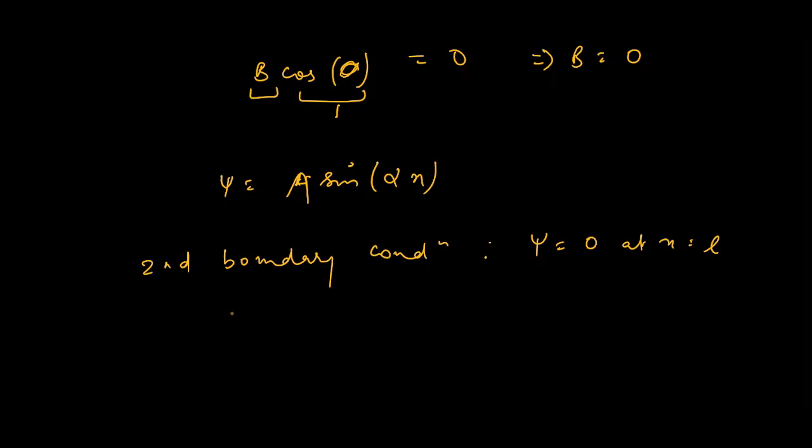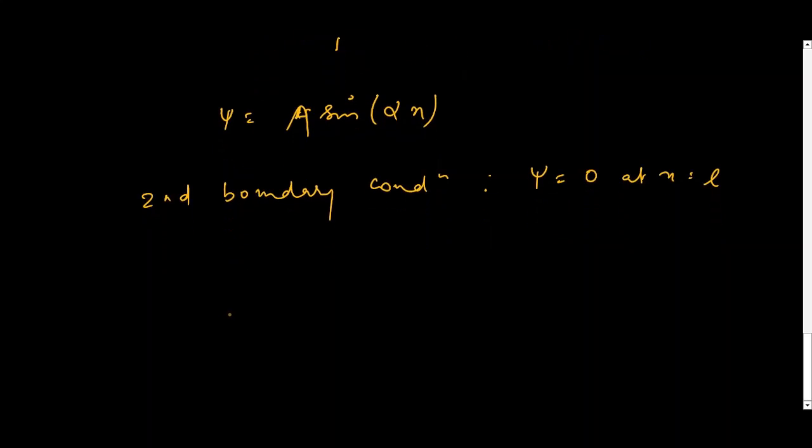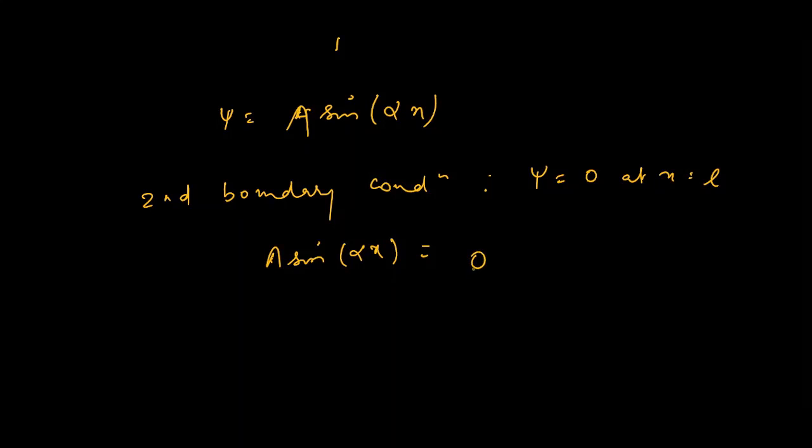So at x is equal to L, we have infinite potential, that's why psi is equal to 0. Now this implies that A sin alpha L is equal to 0 at x is equal to L.